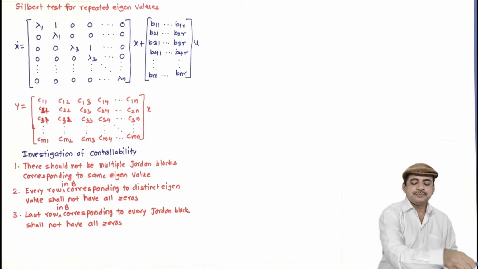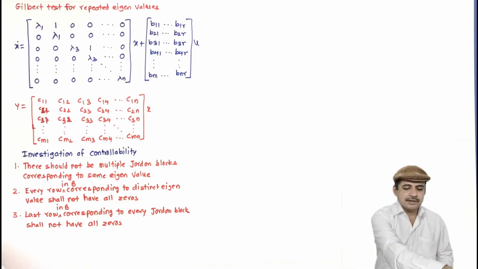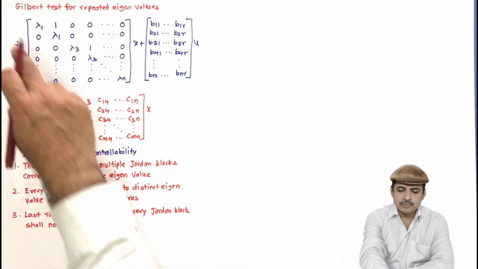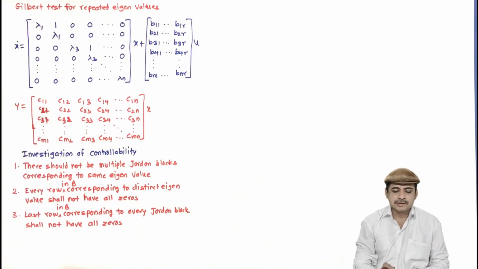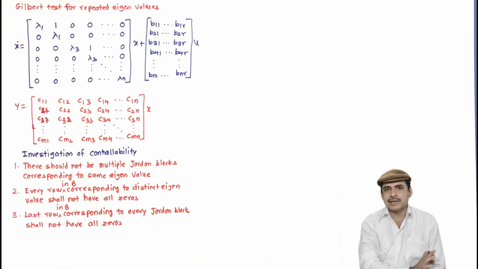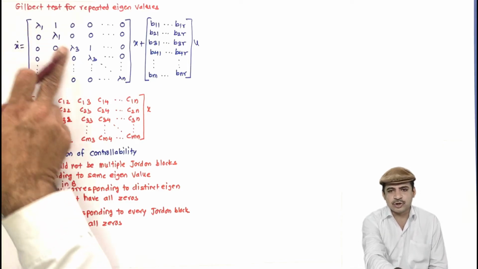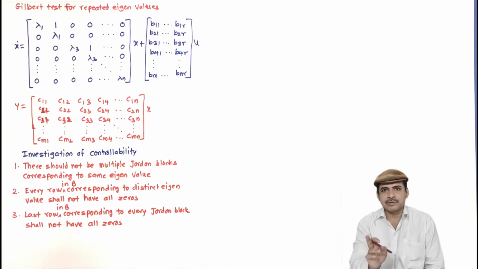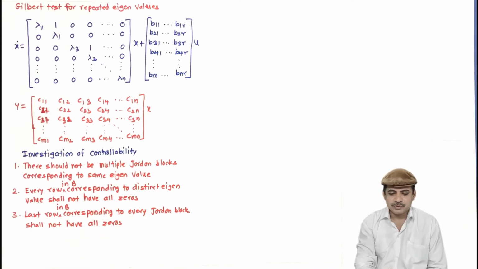What does it mean? It means that these three conditions say that for this particular case, the first condition says that lambda 1 shall not be equal to lambda 3. Yes, there can be two Jordan blocks, but they shall be for different eigenvalues. Means lambda 1 shall not be lambda 3. This is condition number 1.